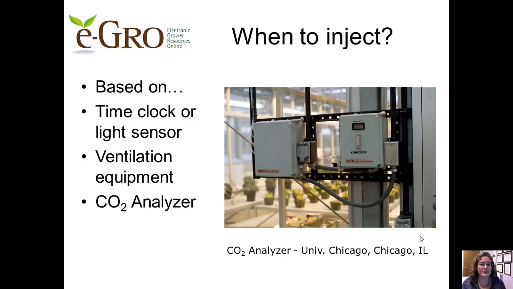Only growers in production regions where venting is minimal can rely on benefits from this technology. So for growers in the south who have to vent even in the winter, CO2 fertilization is much less viable. Finally, it is possible to analyze for CO2 and inject when levels fall below optimal, as is being done with this CO2 analyzer that you see in this photo from a research greenhouse.